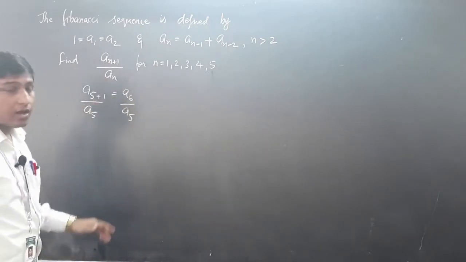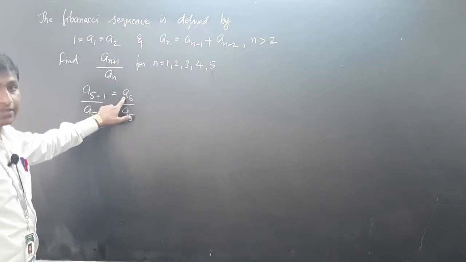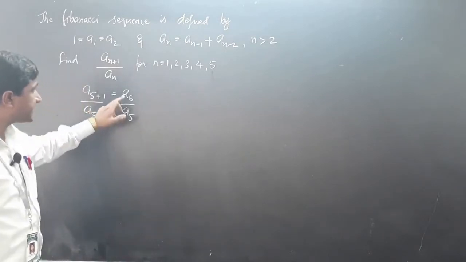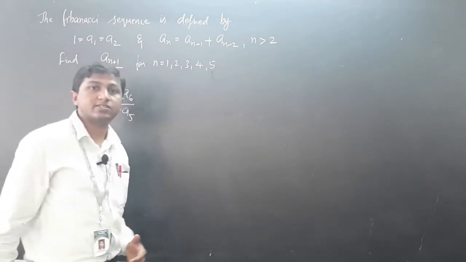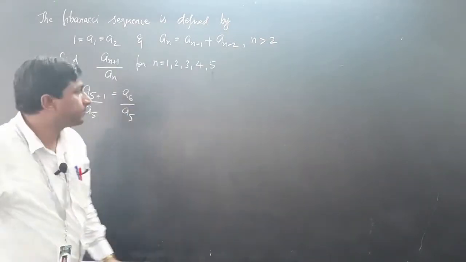So, we need at least up to A6 values of the Fibonacci sequence. We need to calculate up to the sixth term. We will do that now.